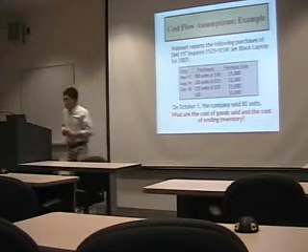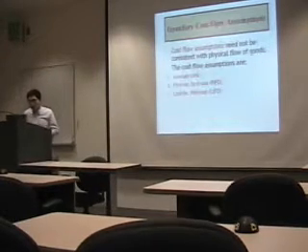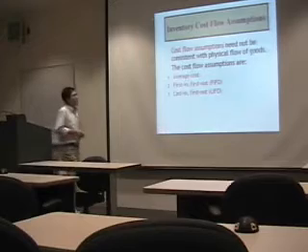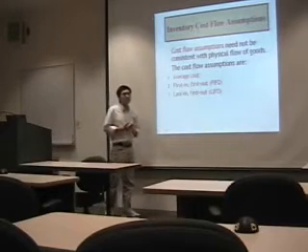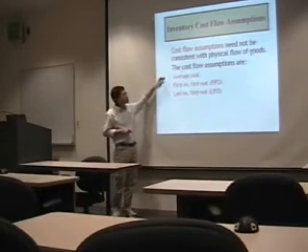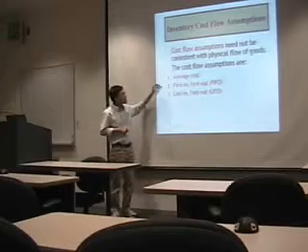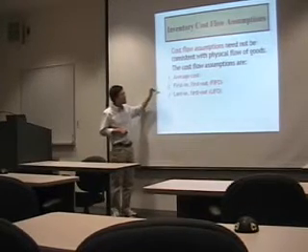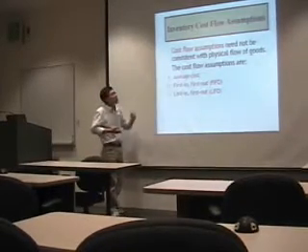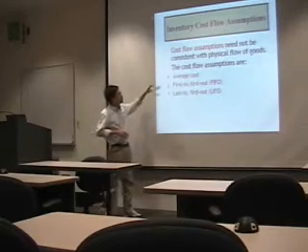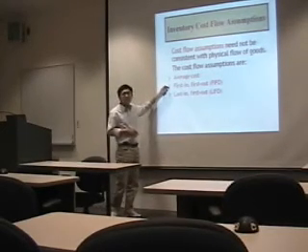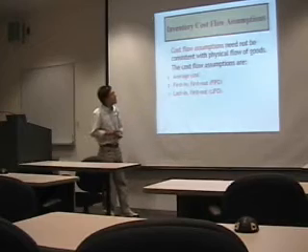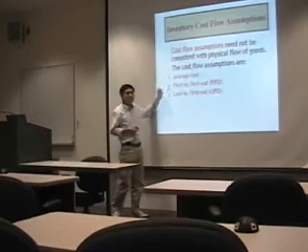Okay, so when we talk about the cost flow assumption, the most commonly used are these 3: average cost, first in, first out, and the third one is last in, first out. I'm going to introduce first in, first out in the class. What does first in, first out mean?